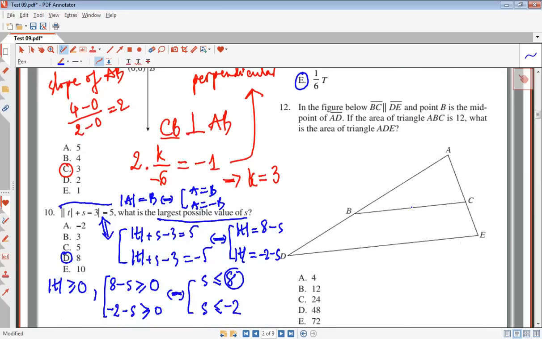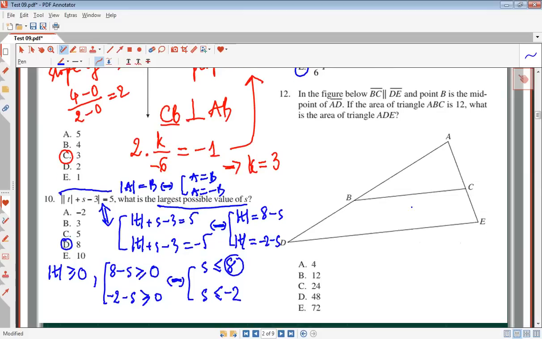Question number 12. In the figure below, BC is parallel to DE, and point B is at the midpoint of AD. Hence, we can say that point C is also a midpoint of segment AE.